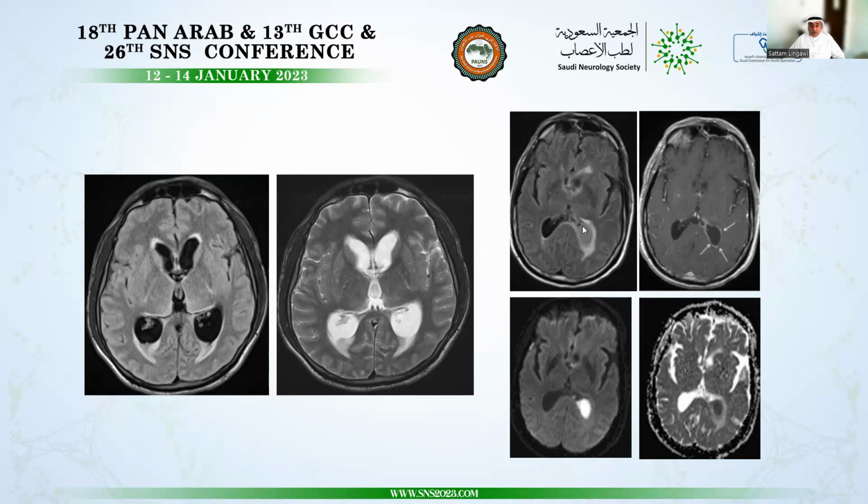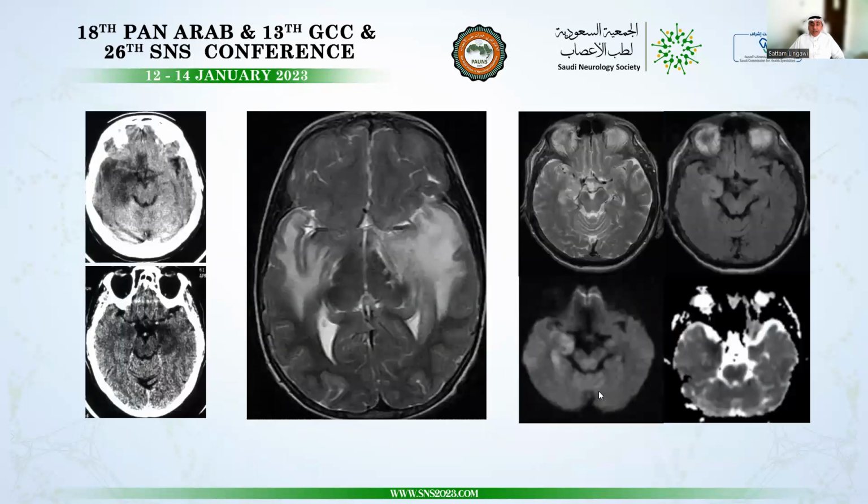On diffusion, on FLAIR, you can see the high signal intensity within the CSF itself that reflects diffusion restriction. This is ventriculitis.